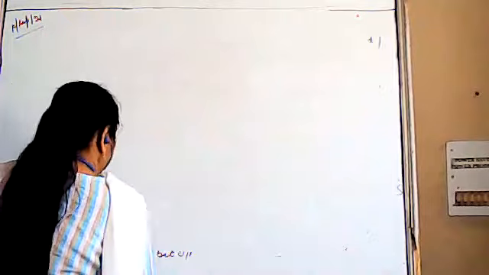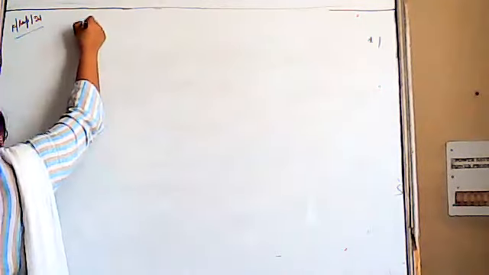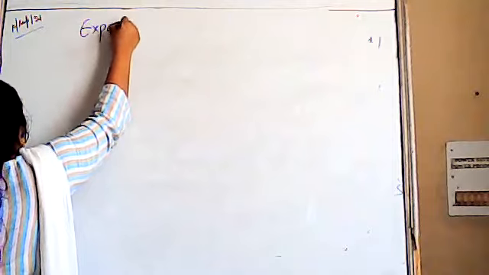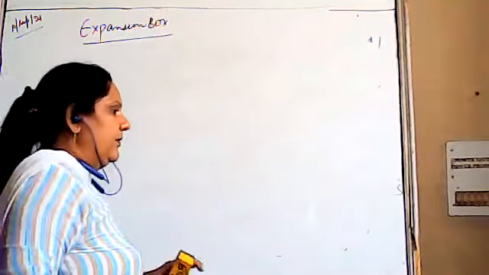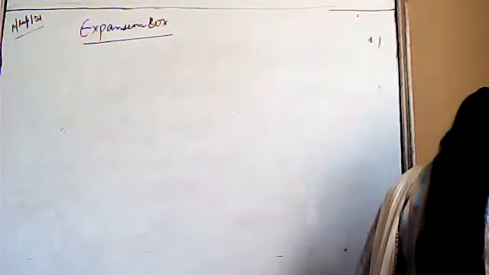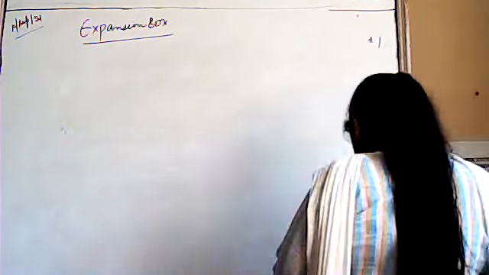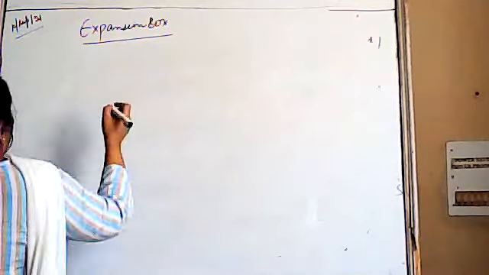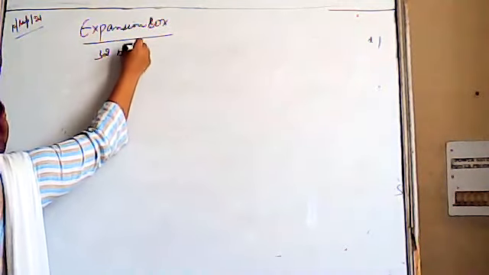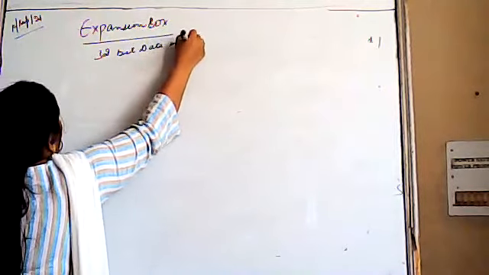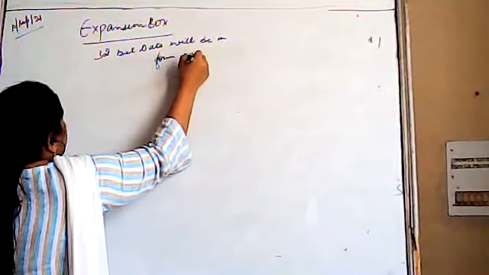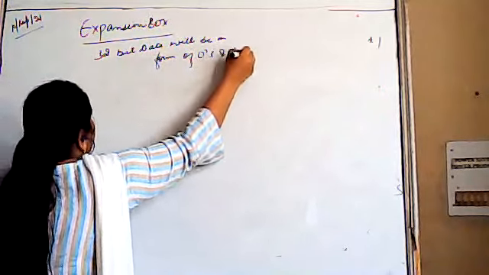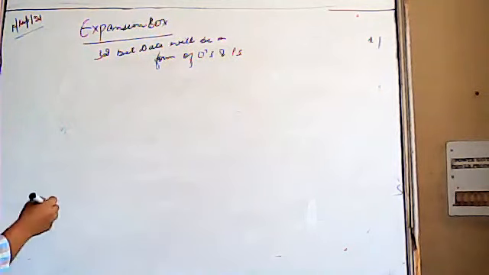What happens inside them? The 32-bit data will be in the form of zeros and ones, but for better understanding, we are taking text.